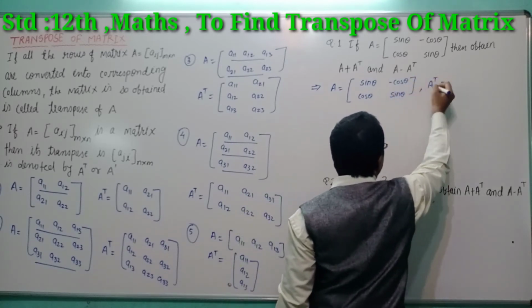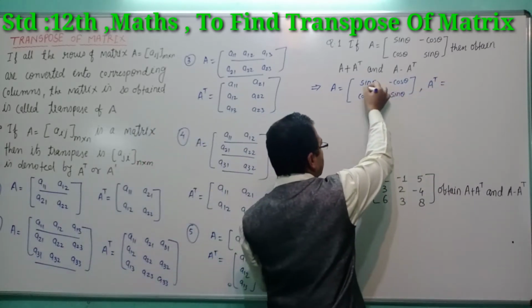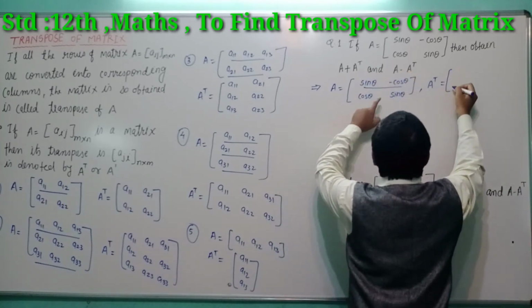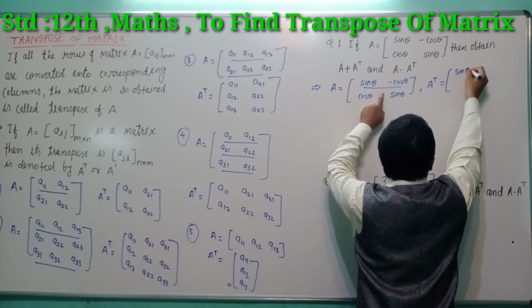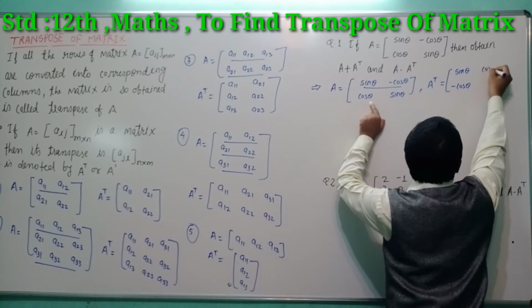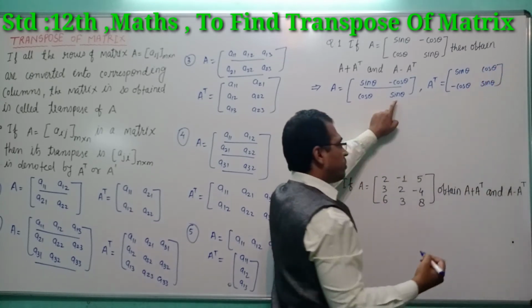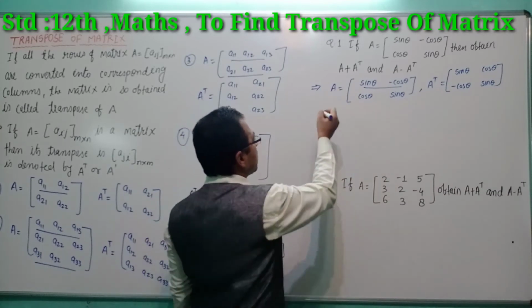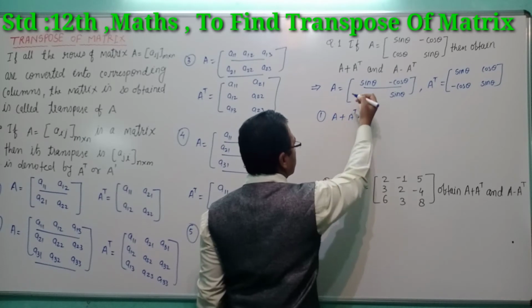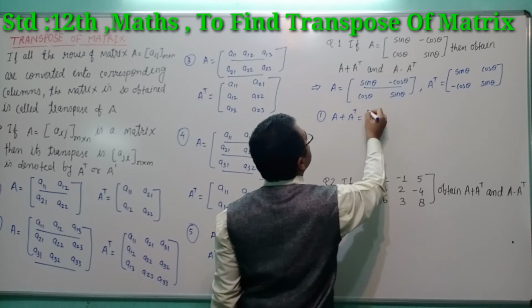So A transpose, the row will be converted into column and column will be converted into rows. So this row can be converted into column. So you can write sin theta, cos theta, minus cos theta, sin theta. Right students? Now your first question is what? Find out A plus A transpose. So writing the matrix A and matrix A transpose.